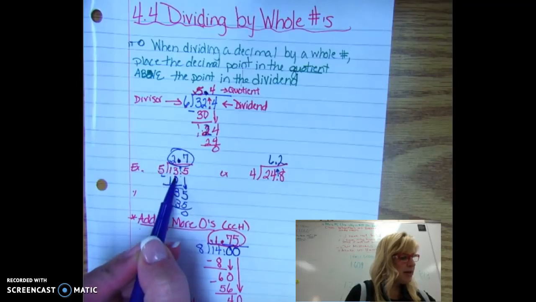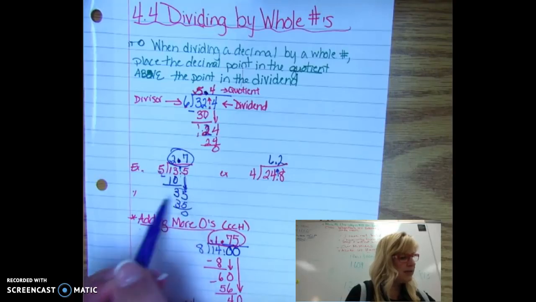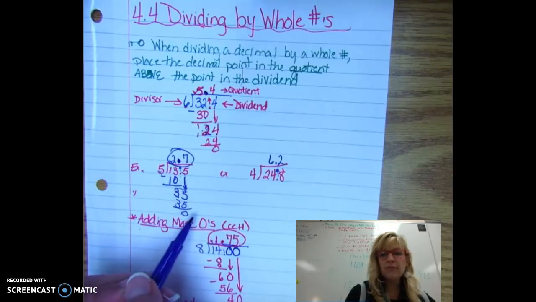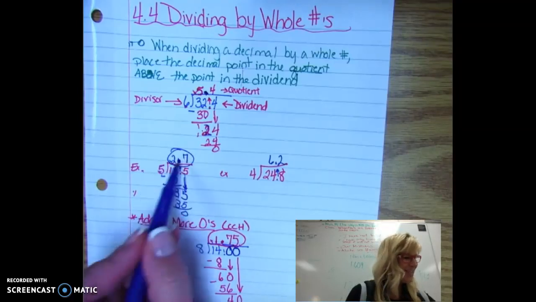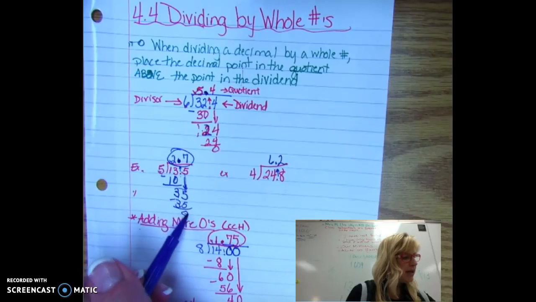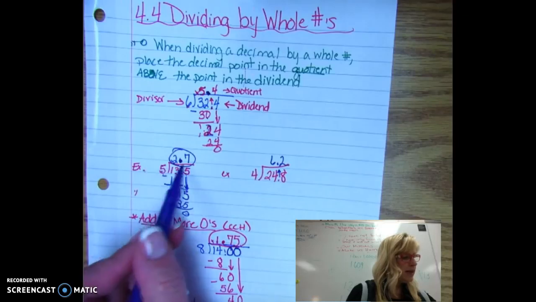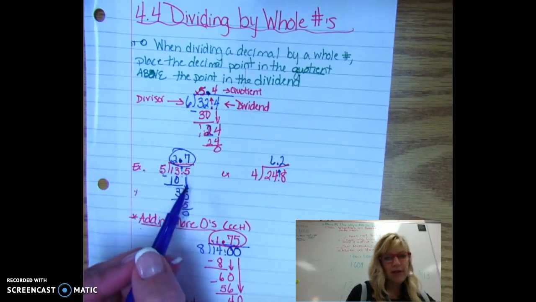Subtract. 3 minus 0 is 3. Bring down that 5. How many times does 5 go into 35? You're right, 7 times. 7 times 5 is 35. When we subtract those two, we end up at 0. So for this example, our answer is 2.7. Note the difference between that and 27.